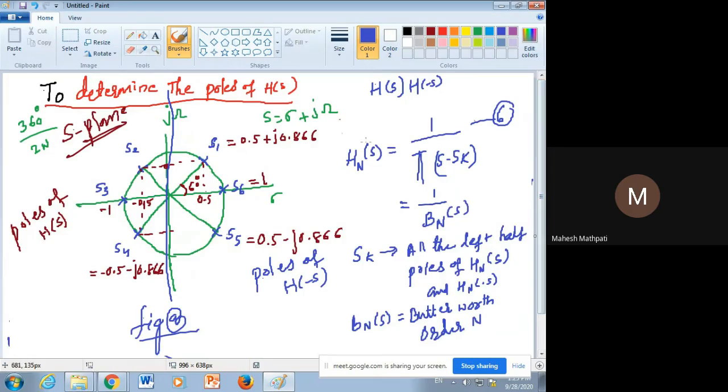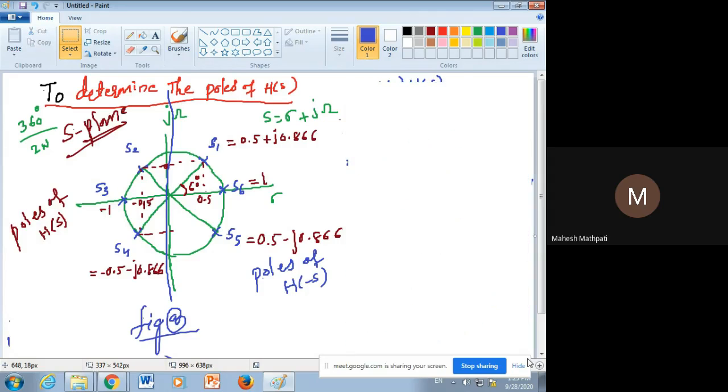Denominator of the transfer function can be written as... Anybody? Can you try to answer that?